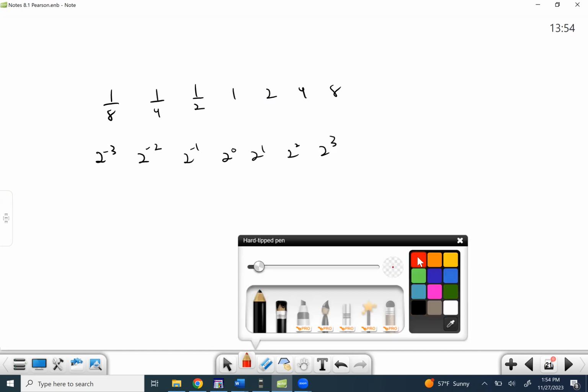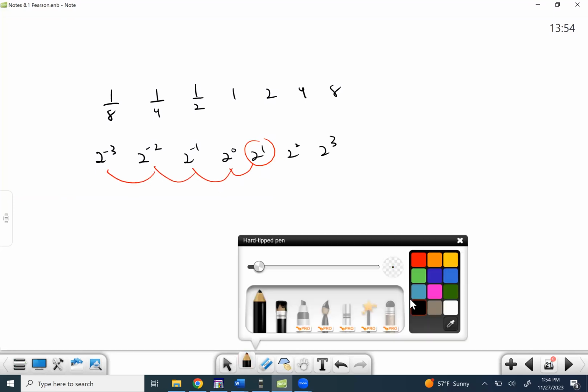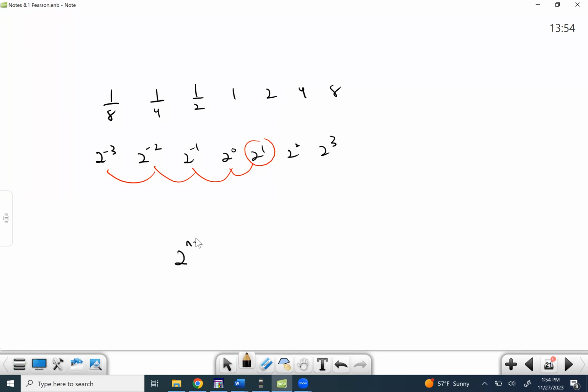If I look at my first, it's right here. I'd have to back it up 1, 2, 3, 4 times. So if I put 2 to the n-4, it should work, okay? Because what happens for the first term? Well, when I substitute a 1 in, I get 2 to the -3, which is exactly what we want for the first term. Hopefully that helps you guys.